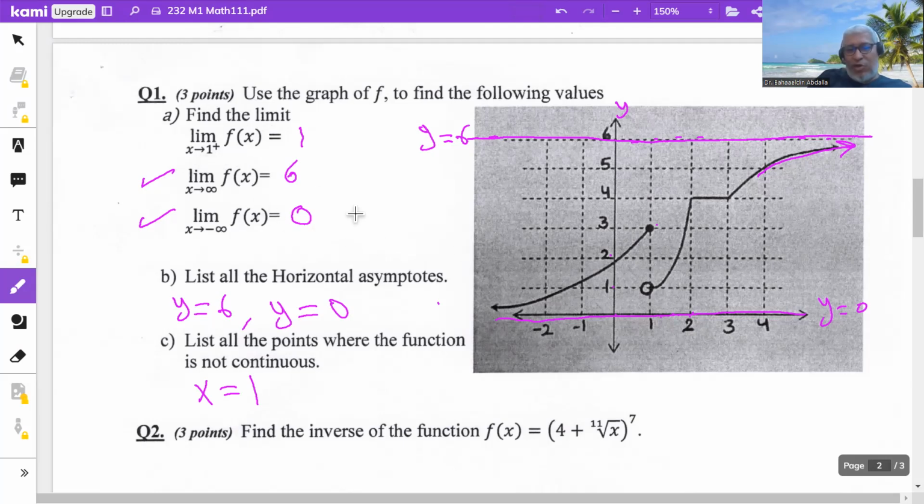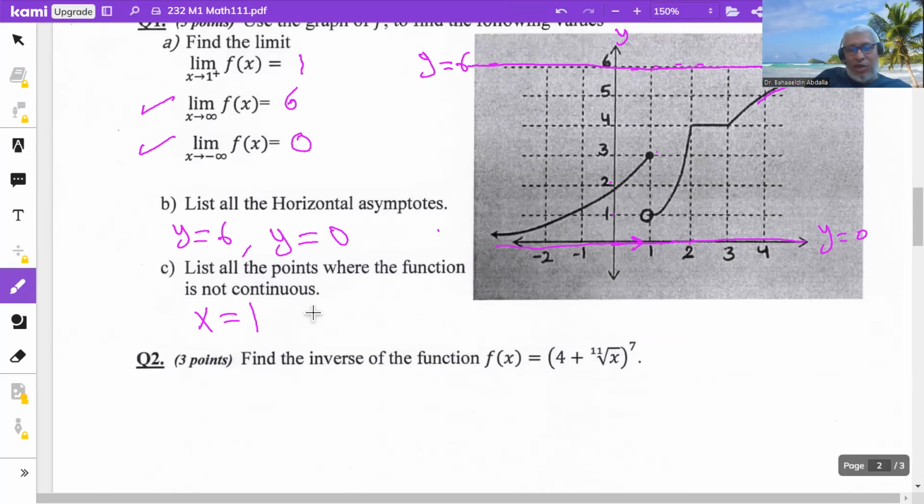The limit when x approaches 1 from the right is 1, but if we approach 1 from the left, the limit is 3. The limit does not exist at 1. So that's why the function is not continuous at 1. There is no need to write this, but I'm telling you the reason. The limit of f of x when x approaches 1 does not exist because the limit from the right is not equal to the limit from the left.